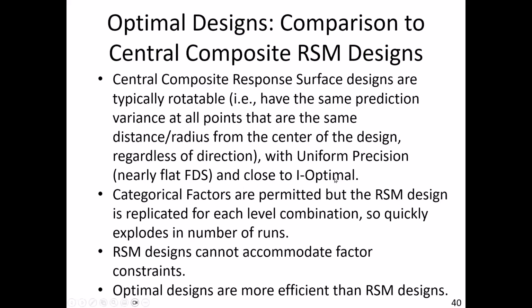And they're close to I-optimal, which means that they have very good prediction error properties. All right. Categorical factors are permitted, but the RSM design is replicated for each level combination, so that quickly explodes in the number of runs. Also, RSM designs cannot accommodate factor constraints, so optimal designs are more efficient than RSM designs.